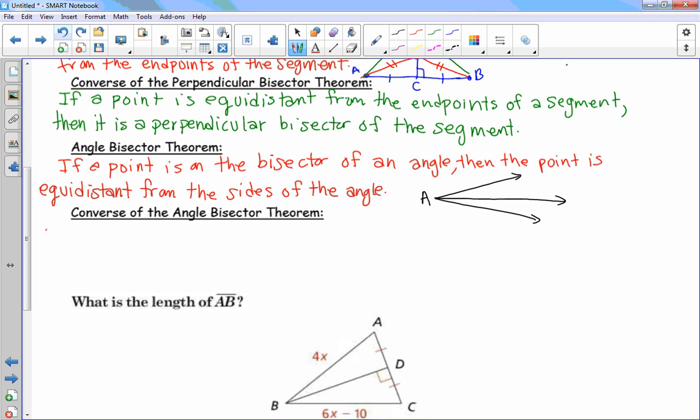Pretend that's in the middle. Now if we pick any point on this angle bisector, say I pick this point.